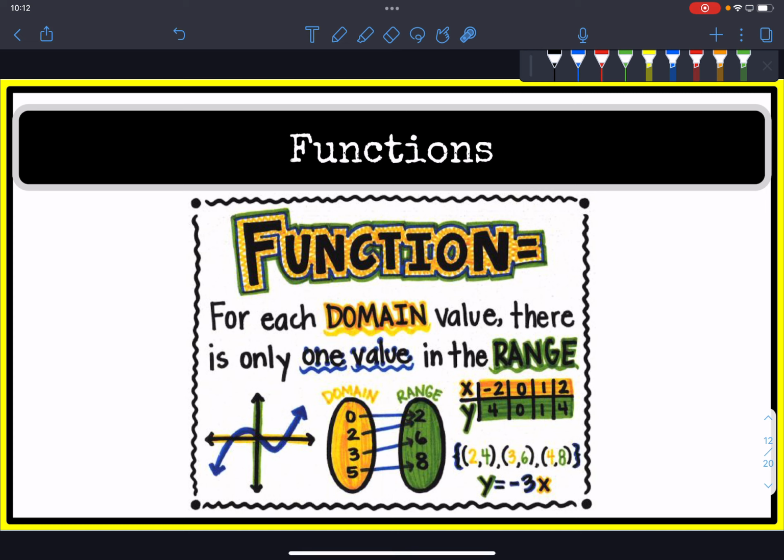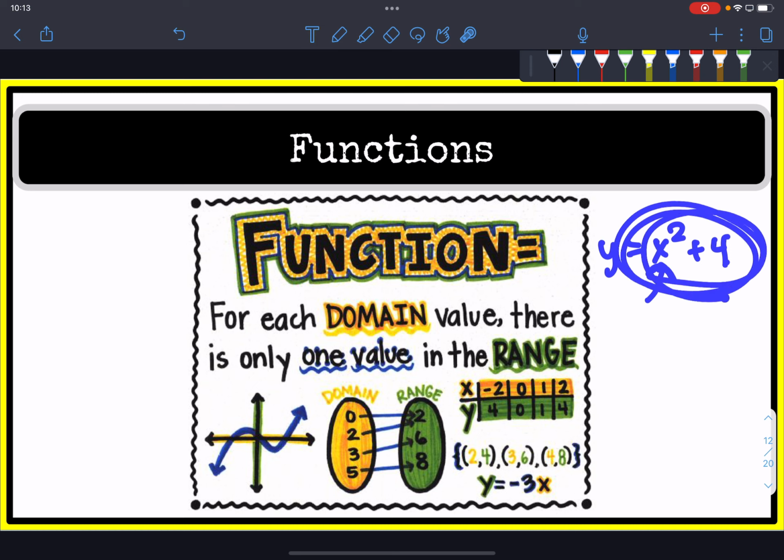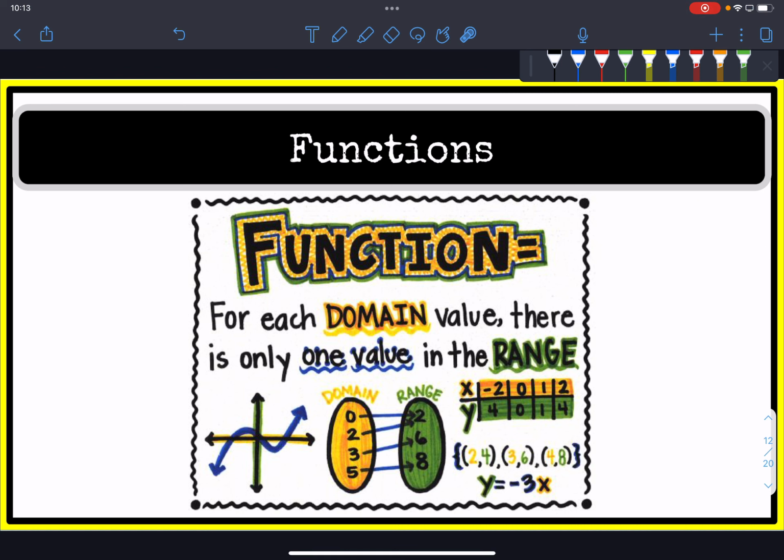So if I had an equation, y is equal to x squared plus 4, whatever number I plug in for x, following the order of operations, there's only one possible answer that's going to come out. If that's true, then that's going to be classified as a function.